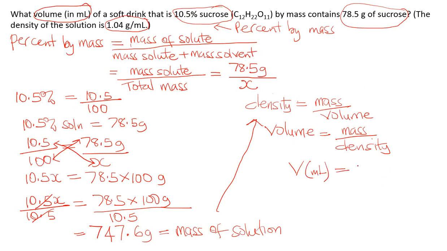So in this case, our volume, which is V, that is in milliliters, will be given by the total mass, which is 747.6 grams, divided by the density, which is 1.04 grams per milliliter. So the grams are going to cancel each other.